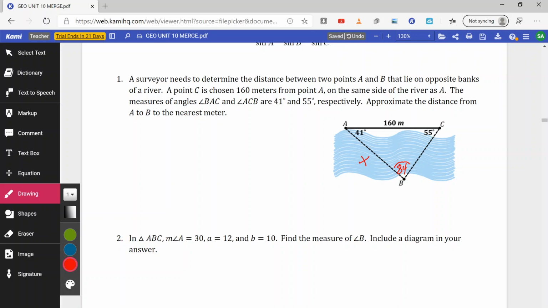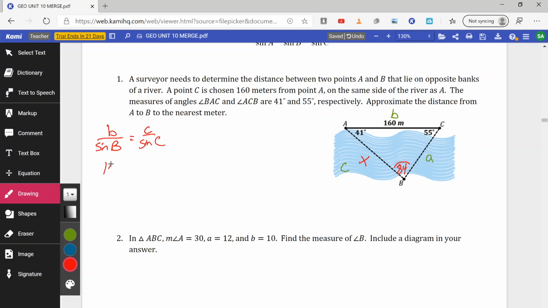So in this case, we have side A is across from A, side B is across from B, and side C is across from angle C. So here what we're going to have is side B over the sine of angle B equals side C over sine of C.